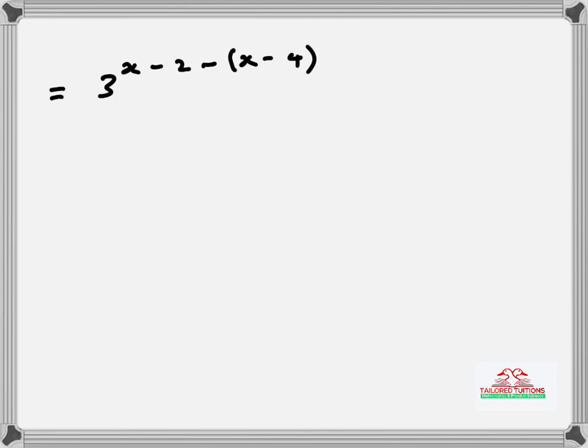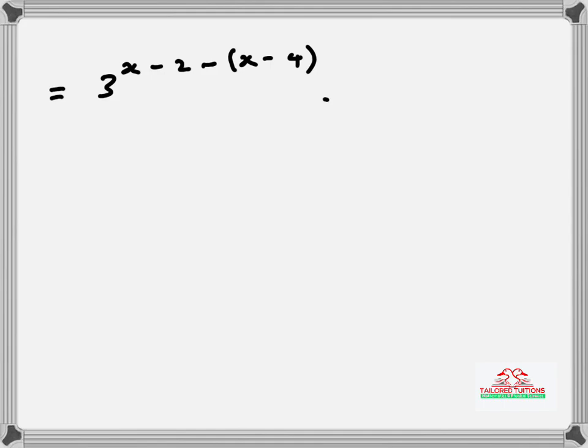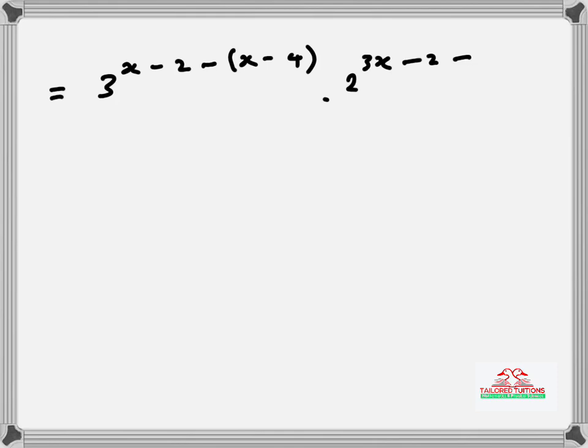And then after that we take the one that has the base of 2 now. So we have 2 exponent 3x minus 2 minus 3x. So this is equal to 3 exponent x minus 2 minus x.